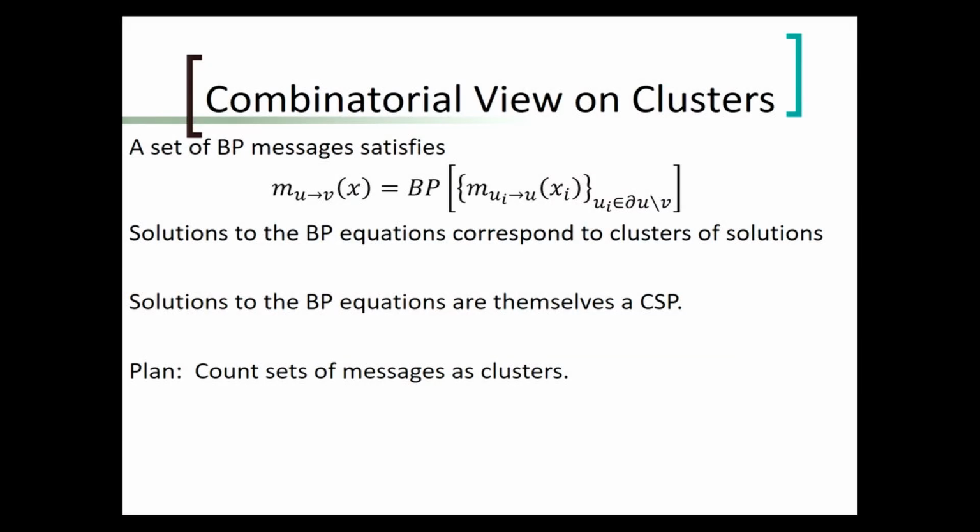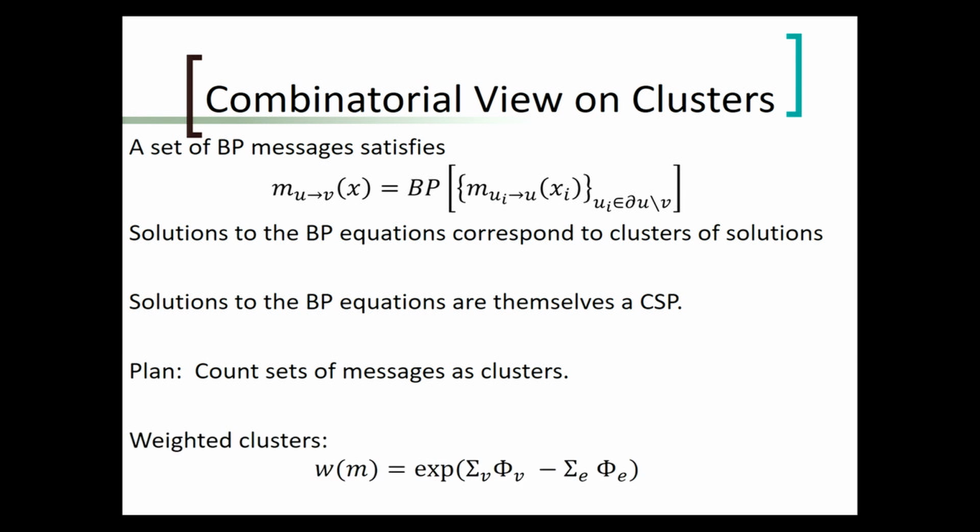So this is the plan. Count solutions to the BP equations as a proxy for clusters, and use that to determine where the satisfiability threshold occurs. If we want to know about the other transitions, we want to also know how many solutions there are in clusters.